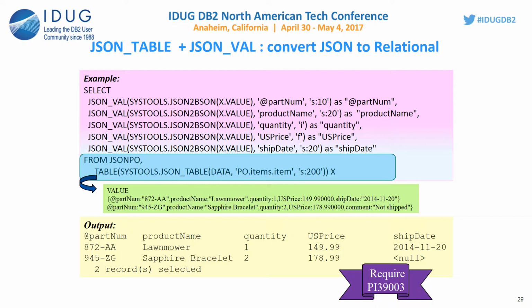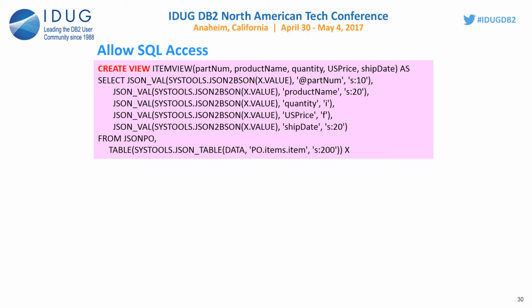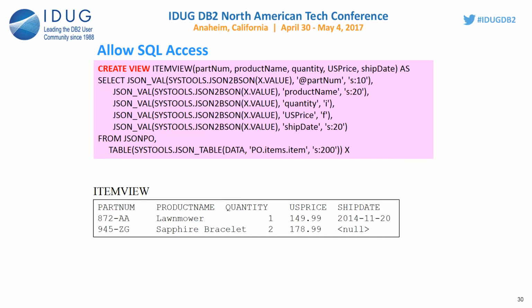It's an expression now. So for people who are not familiar with JSON, you can create a view on top of the original output we have in the previous slide. This is the syntax. So in your item view, basically it's like this. For the other people, it's business as usual. They just select from this view directly.